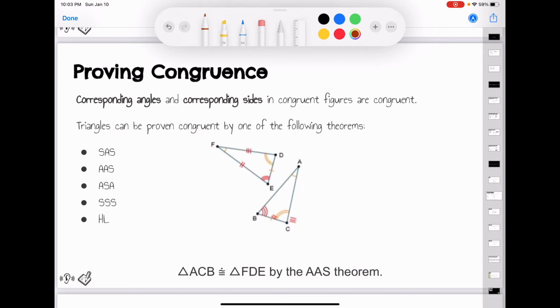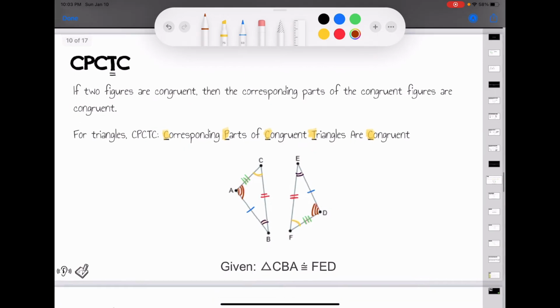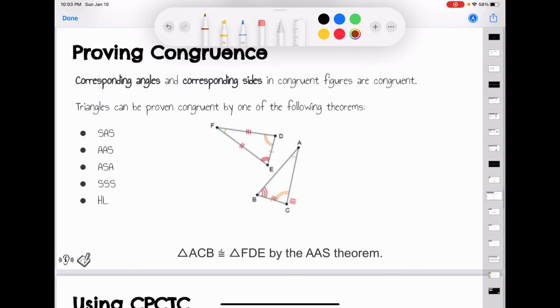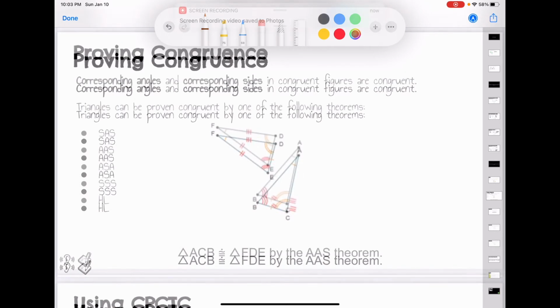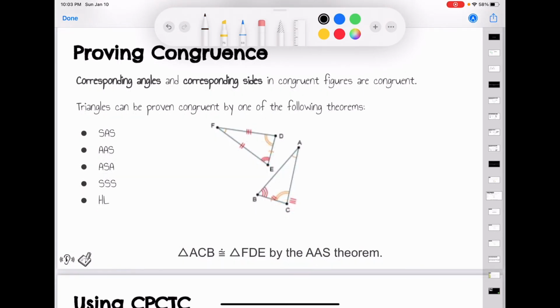So here's an example. We are told that ACB and FDE are congruent. And what is the way that we can prove this? Well, we know that they are congruent, which we saw here. But we can use any of the following theorems to prove that congruence. For example, if I wanted to use my angle angle side theorem, I must prove that any two angles are congruent.